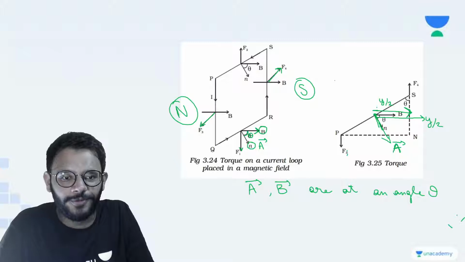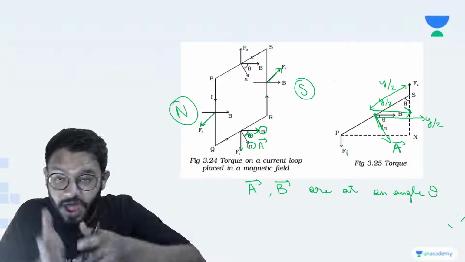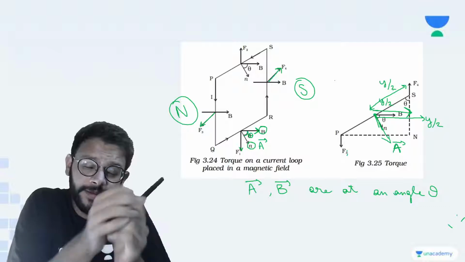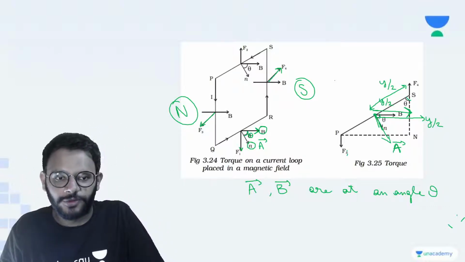As we all know, this length is y by 2, which is half the length of my coil. The distance from the axis to the wire is y by 2. It is fixed. This angle is theta, so this angle is also theta.